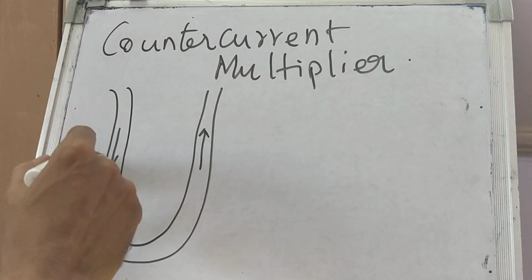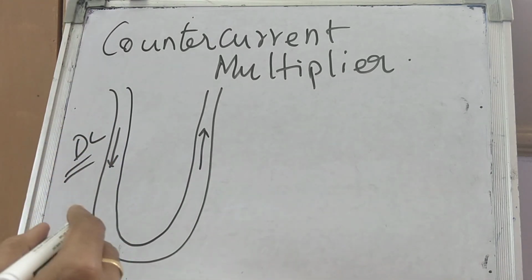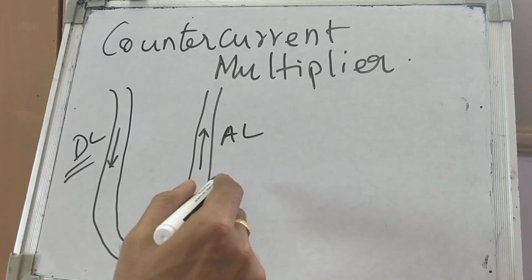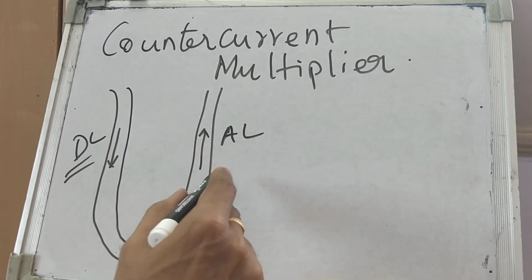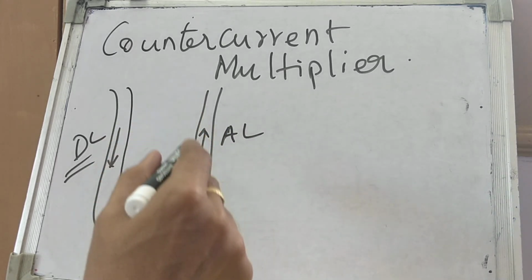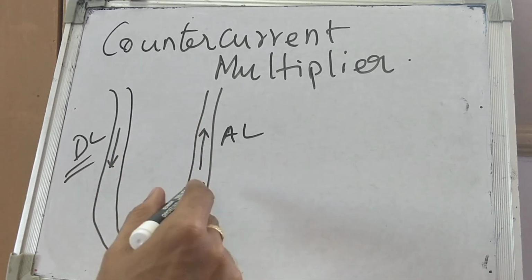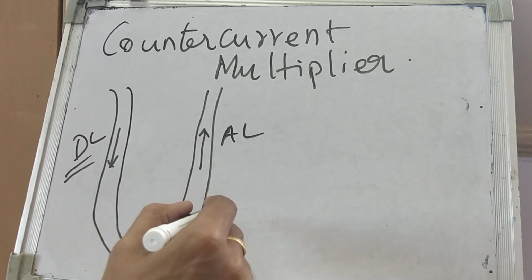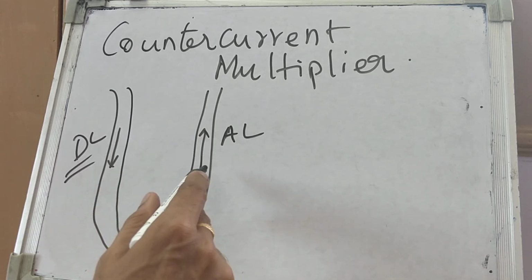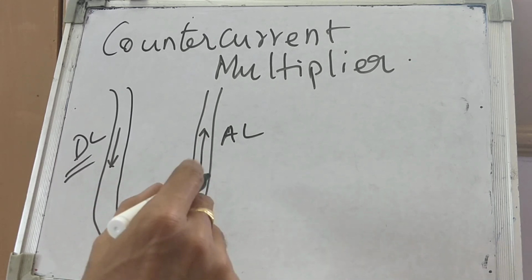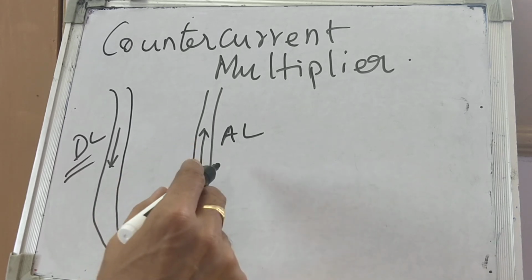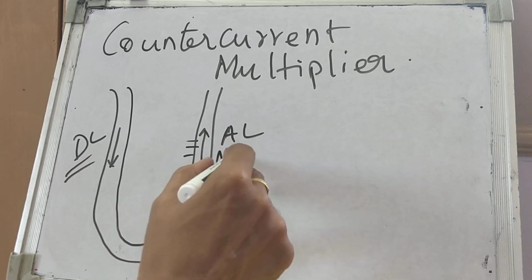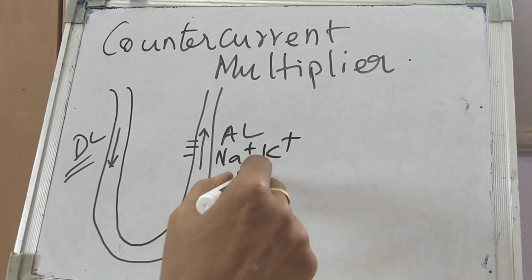And the descending limb is permeable to water only. The ascending limb is permeable to solutes only. The ascending limb has two portions, thin and thick. So thin ascending limb and thick ascending limb. For explanation purpose, we are taking the ascending limb as a single loop, and this ascending limb, especially the thick ascending limb, is more permeable to solutes because of the presence of the transporters for sodium, potassium, 2-chloride.